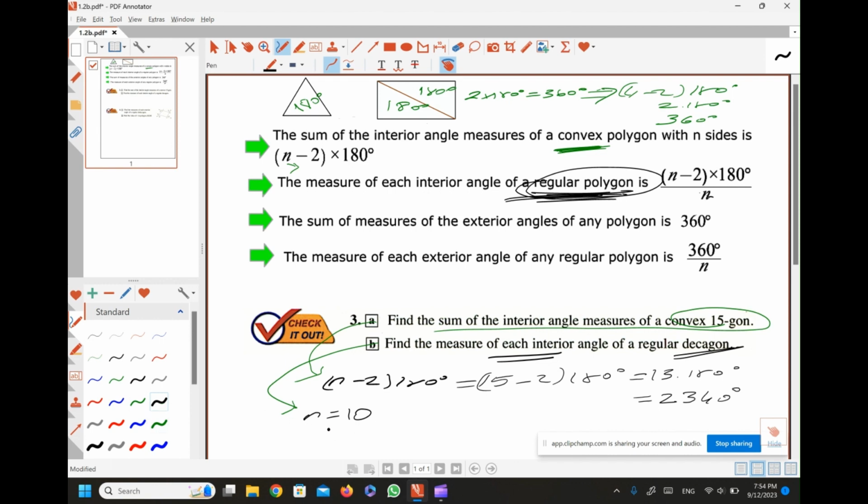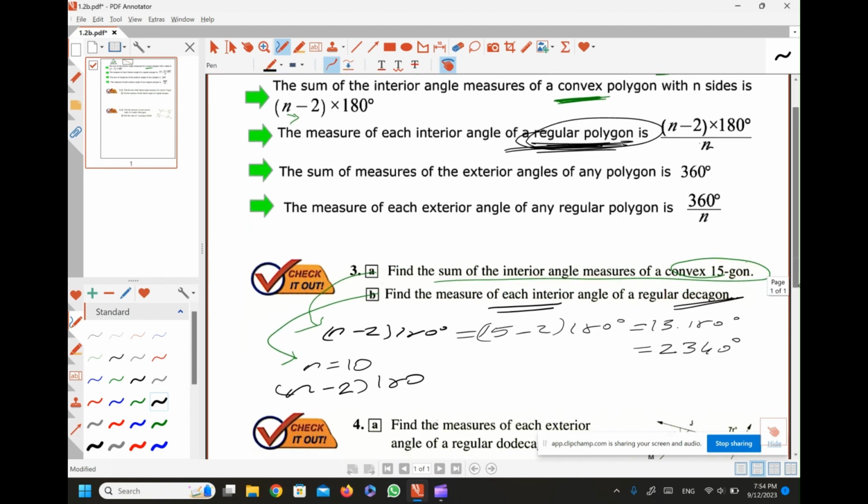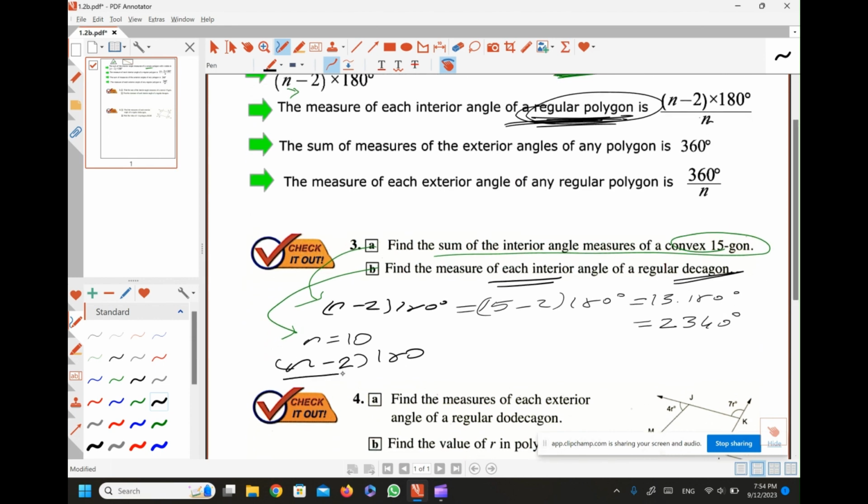The formula is (n minus 2) times 180 divided by n. So in place of n, let's write 10. 10 minus 2 times 180 degrees divided by 10. 10 minus 2 is 8. 8 times 180 degrees divided by 10.